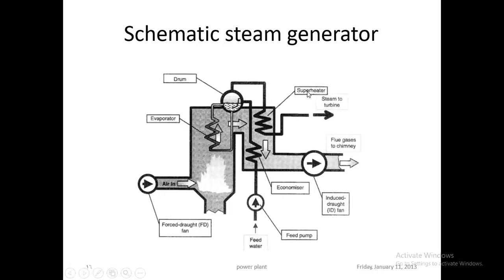That's the main purpose of the superheater, to convert normal, moist steam to superheated saturated dry steam. And after that we send the steam to the turbine. What kind of steam? This is the superheated saturated dry steam that we get at this level.